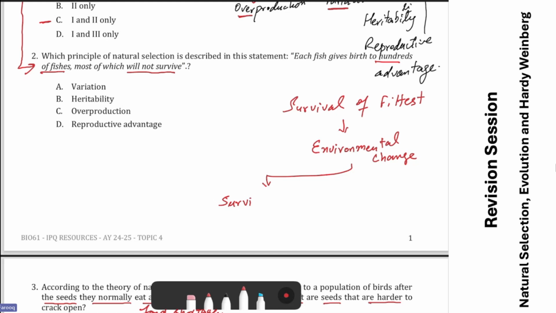One we say survived or selected. Wait, not survived. We will say them as selected for. Some of them are selected for, and some of them are selected against. So there is a change always, and in this change, some of the organisms will be selected for, and some of the organisms will be selected against.